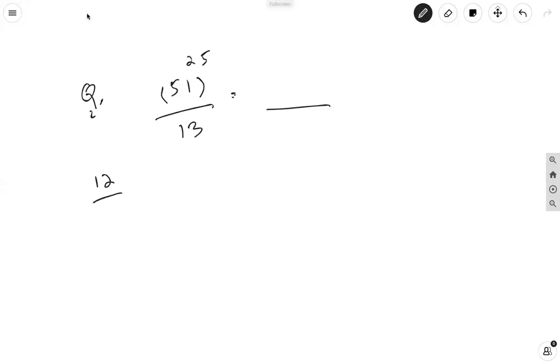Is anyone still solving, or shall I solve this now? It's 12. Yes, 12 is the answer. Just solve this quickly now.